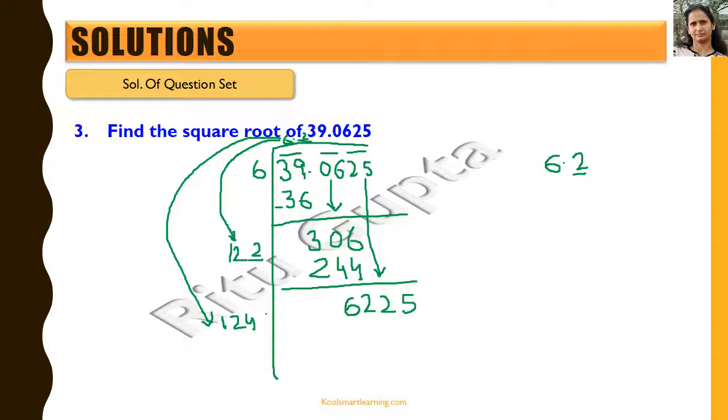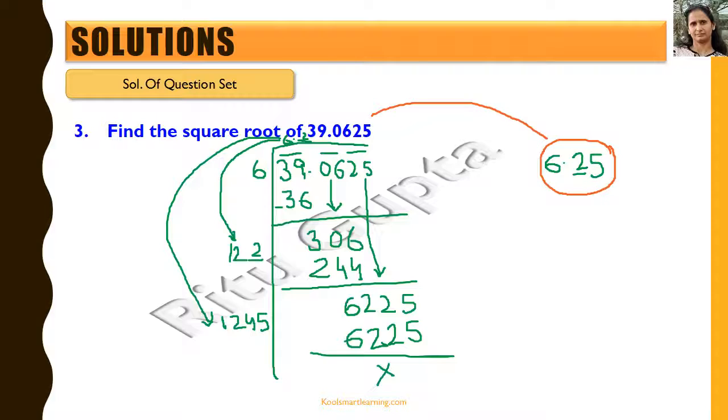And now we see what we get if we multiply this 1245 with 5. 5 5s are 25, carry 2. 5 4s are 20 plus 2 is 22, carry 2. 5 2s are 10 plus 2 is 12, carry 1, 6. And we get no remainder. So this is the square root of 39.0625.